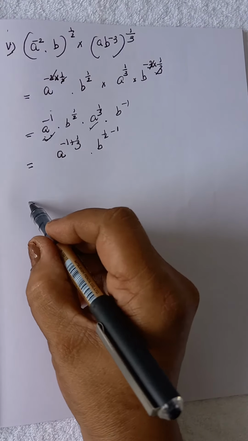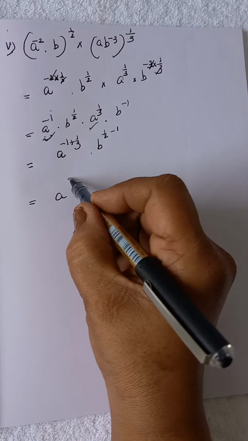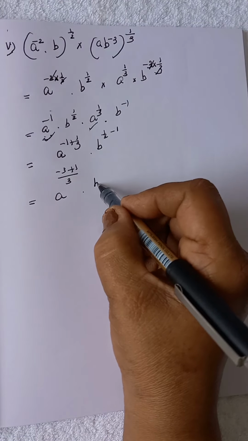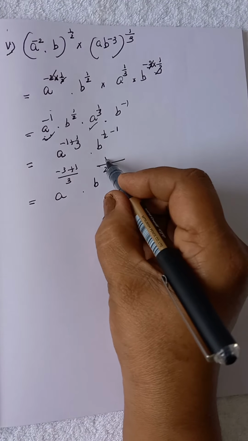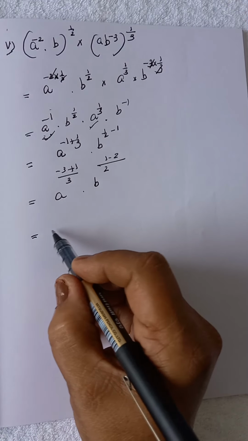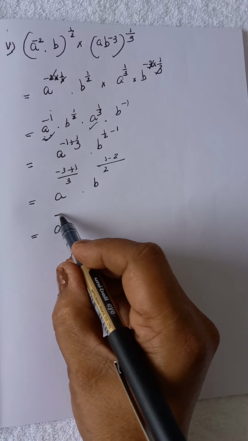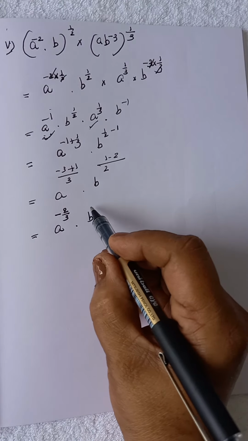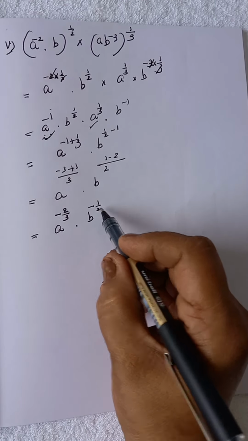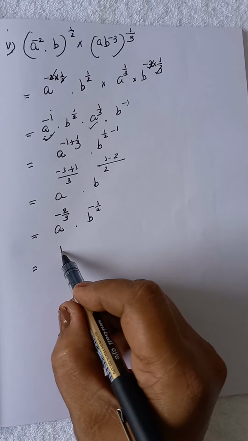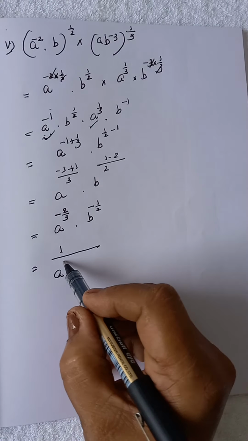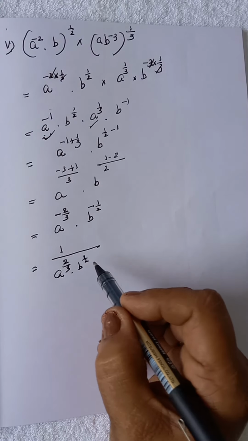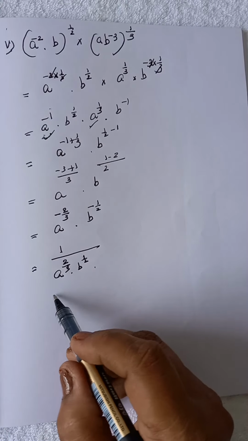Now this is equal to a raised to 3 is the LCM, so minus 3 plus 1 into b raised to 2 is the LCM, so 1 minus 2. That is equal to a raised to minus 2 by 3 into b raised to minus 1 by 2. Now we can write this as 1 by a raised to 2 by 3 into b raised to 1 by 2. So this is the answer.